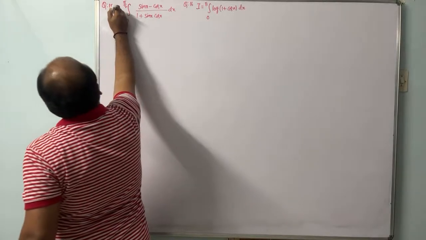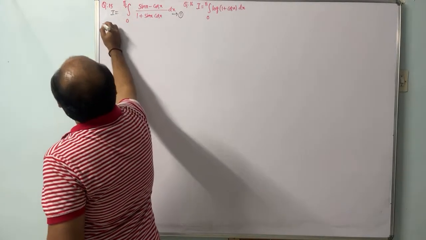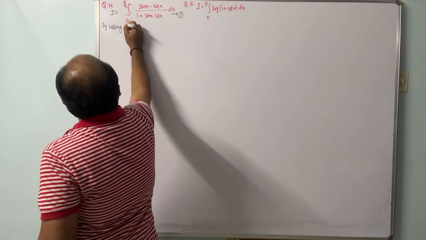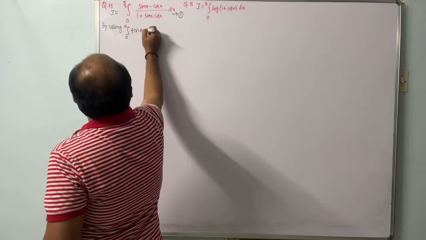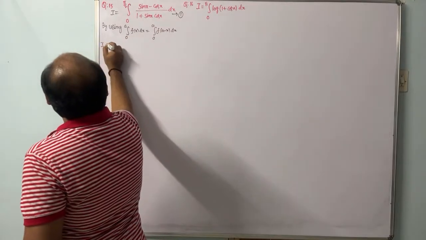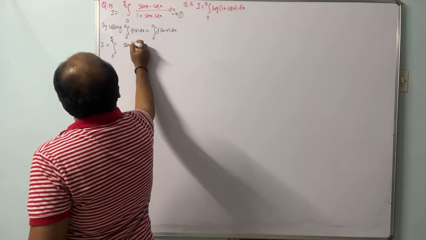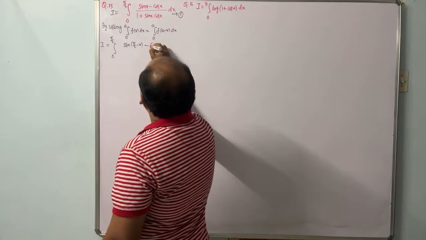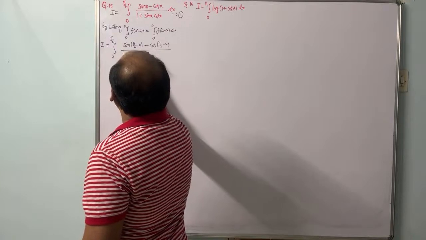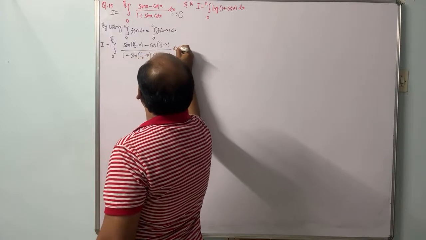First, let us consider this given integral as I and put it as equation number 1. By using integral 0 to a of f of x dx equal to integral 0 to a of f of (a minus x) dx, the I value will become integral 0 to pi by 2 of [sin of (pi by 2 minus x), wherever x is there we replace with this, minus cos of (pi by 2 minus x)] divided by [1 plus sin of (pi by 2 minus x) cos of (pi by 2 minus x)] dx.